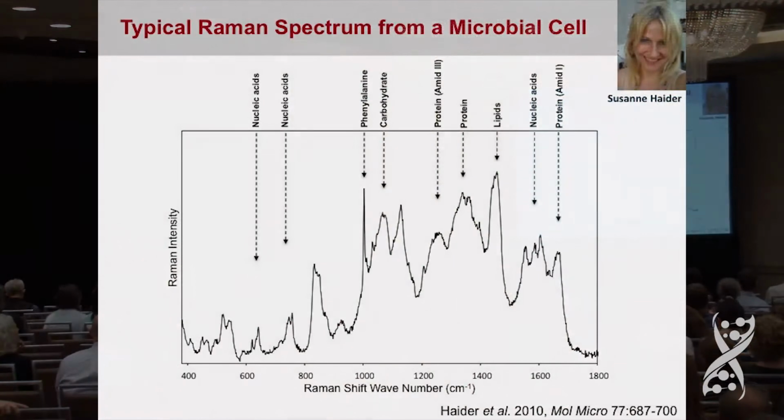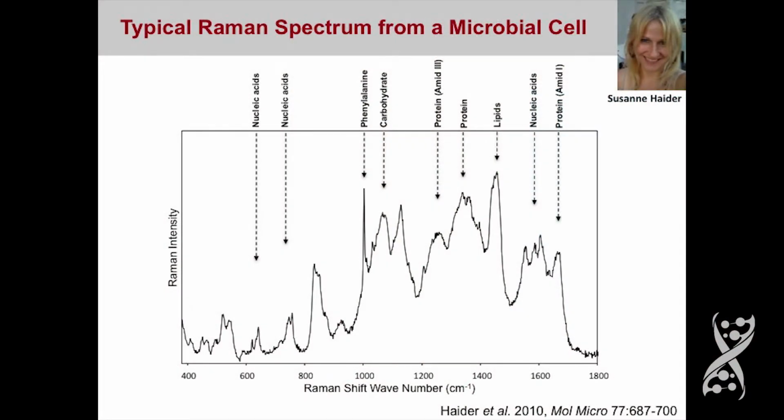What does a Raman spectrum tell you? Of course, the wavelength of the backscattered photon will really refer to the vibrational modes and the bonds that they have interacted with. And from this, you can really assign different peaks to certain molecular bonds and certain molecules in a Raman spectrum.